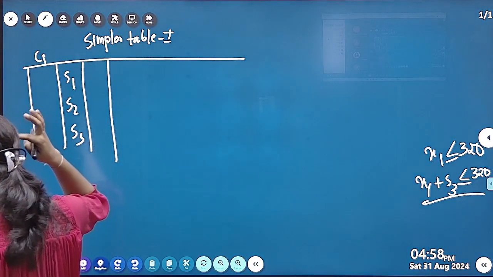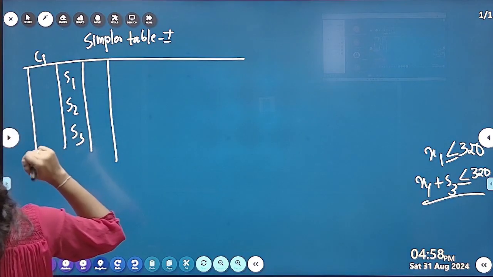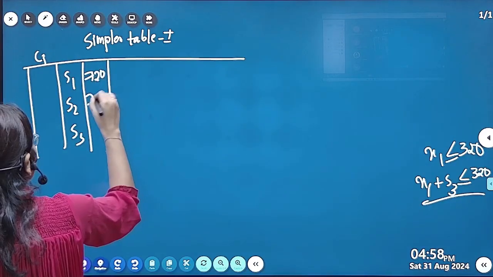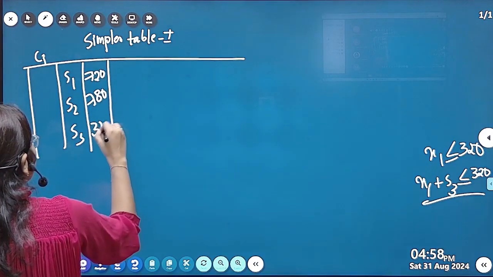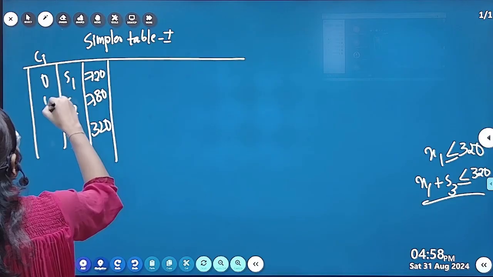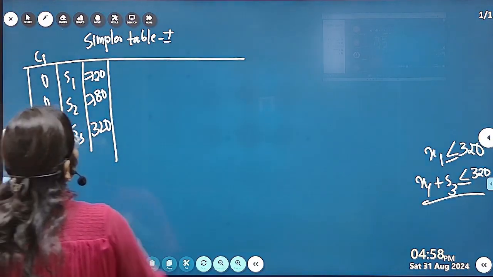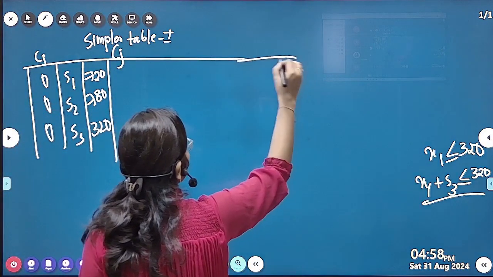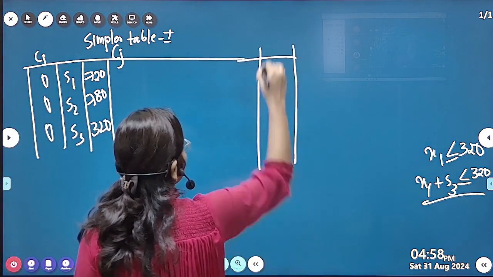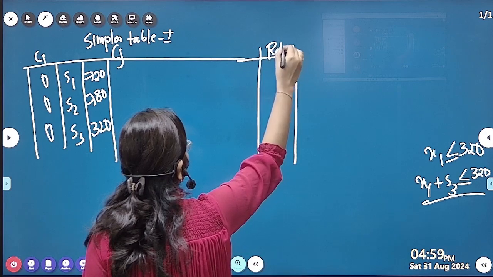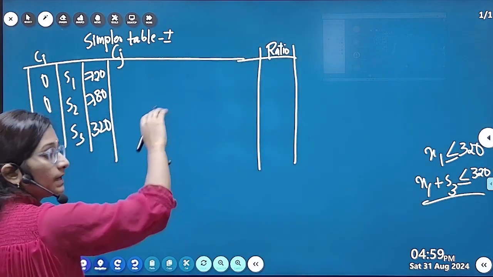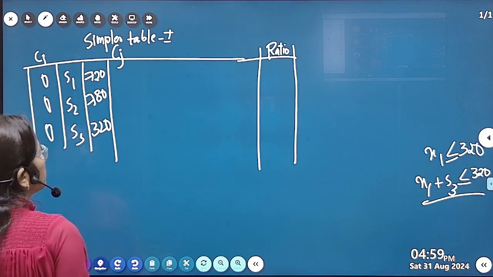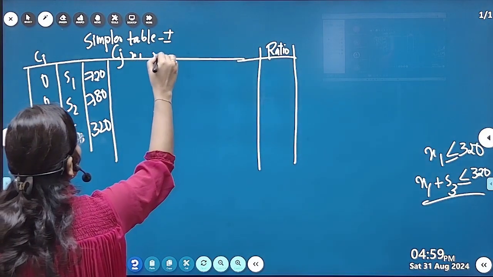So total quantity they have given: first one 720, second one 780 and 320. So the Cj values of the slack variables will be 0. Next, the Cj values of the maximization function.